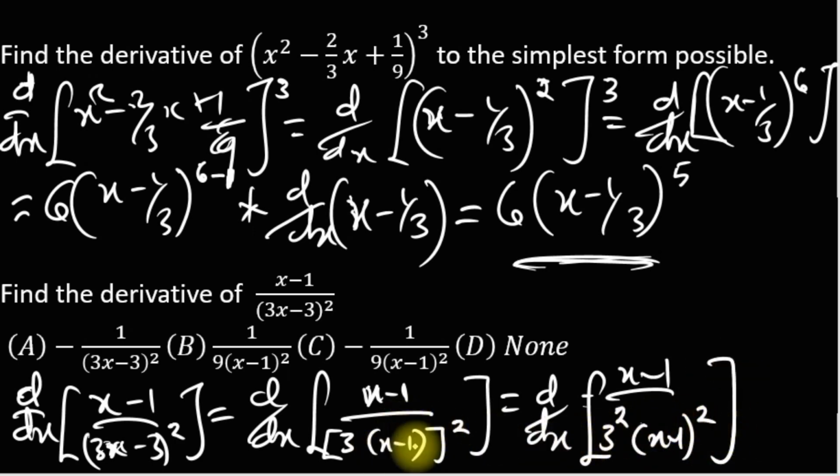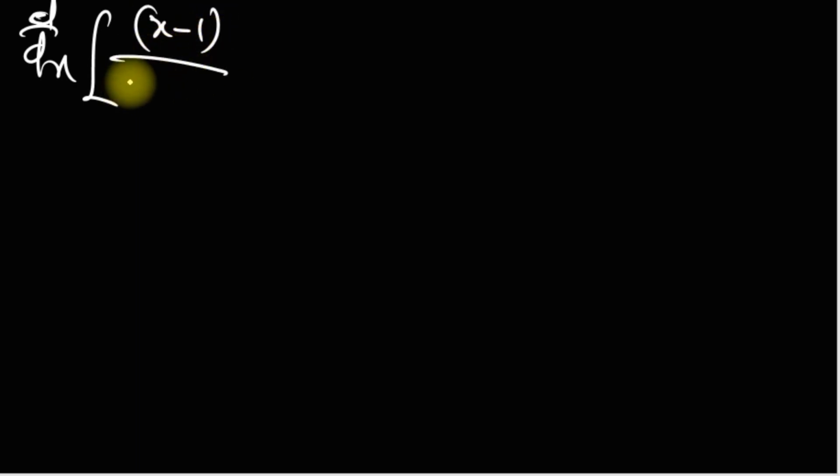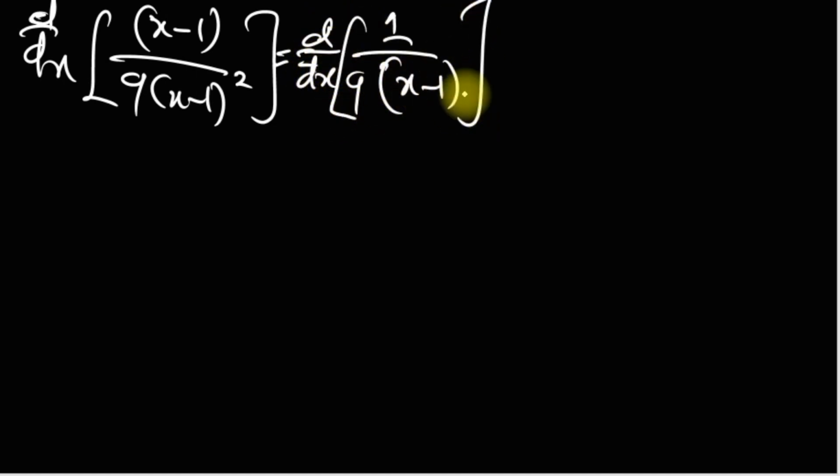So using laws of indices, this is the derivative of x minus 1 over 9 times x minus 1 squared. So which is, because this is remaining, 9 bracket x minus 1.